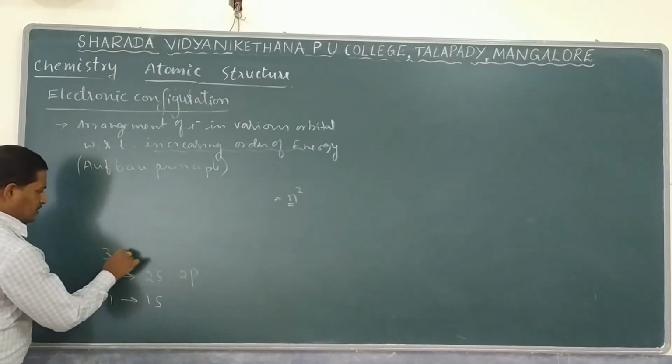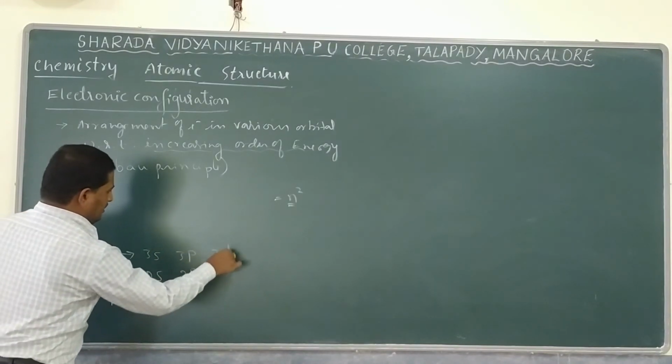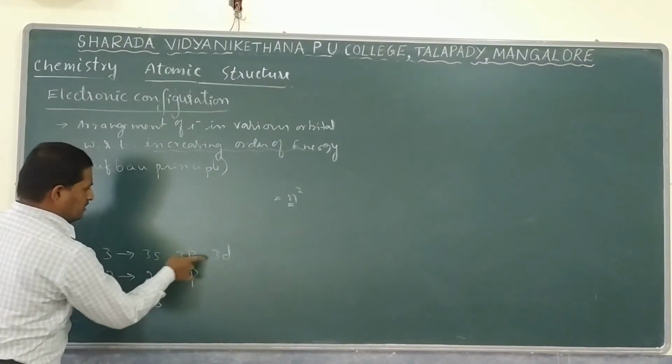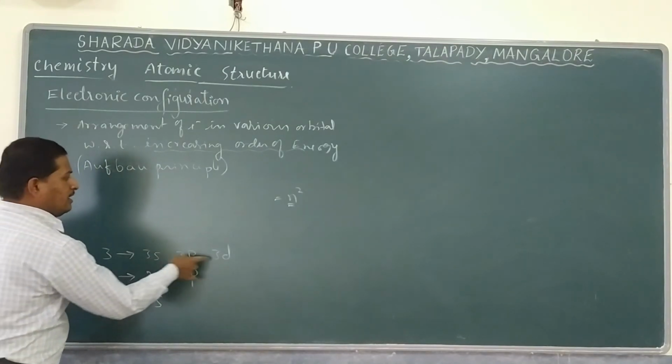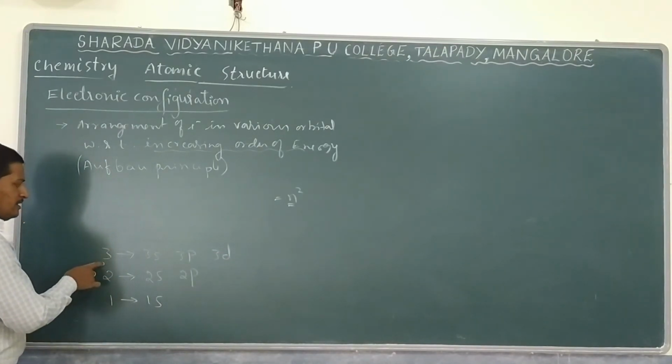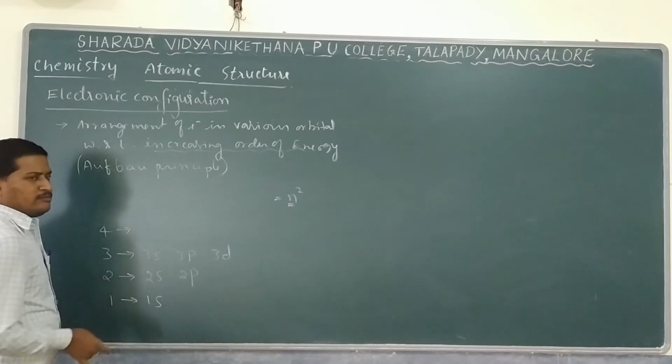Similarly, for the third shell, we have 3s, 3p, and 3d: 5 d orbitals, 3 p orbitals, 1 s orbital. As a result, totally 9 orbitals can be found in the third shell. For the fourth shell, 4 square, nothing but 16 orbitals.